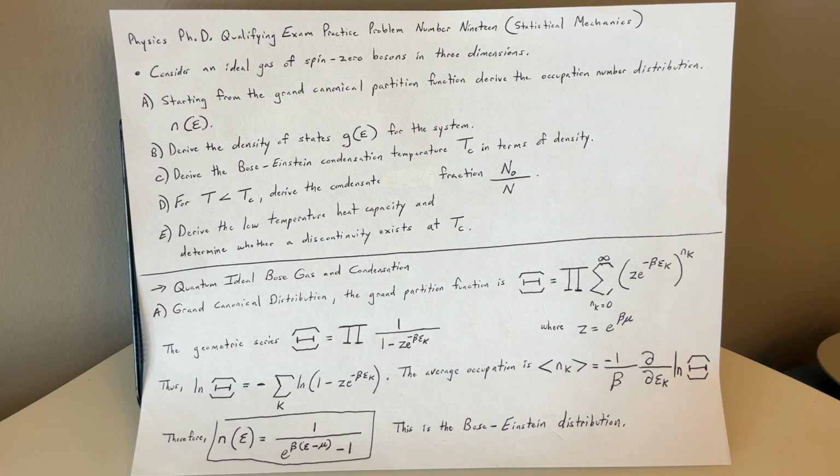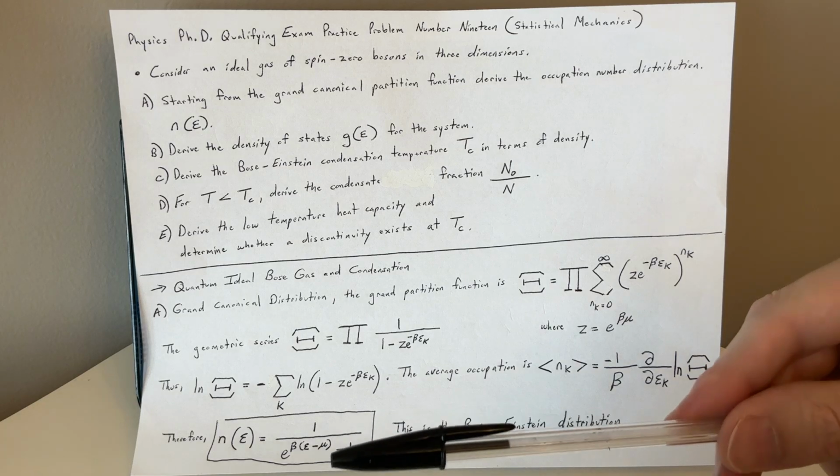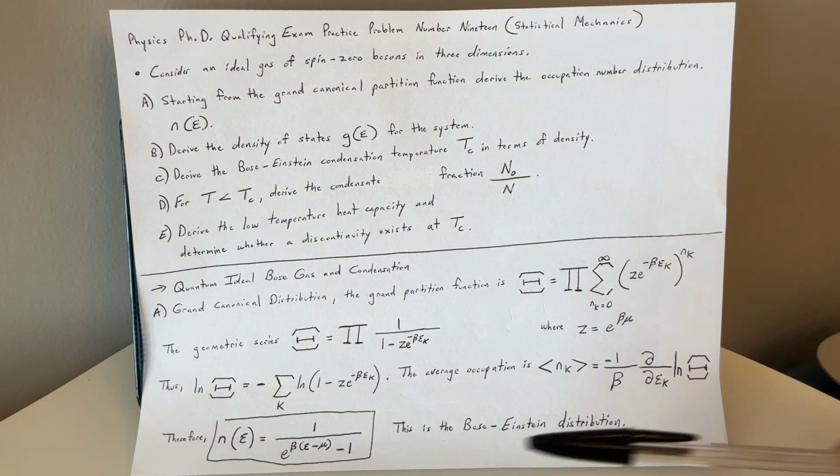The average occupation is the expectation value of n sub k, which equals negative 1 over beta times the partial derivative with respect to epsilon sub k of ln of capital Xi. So we could say, therefore, that n of epsilon equals 1 over e to the beta times the quantity epsilon minus mu, close parentheses, and then minus 1. And this is the Bose-Einstein distribution for letter A.